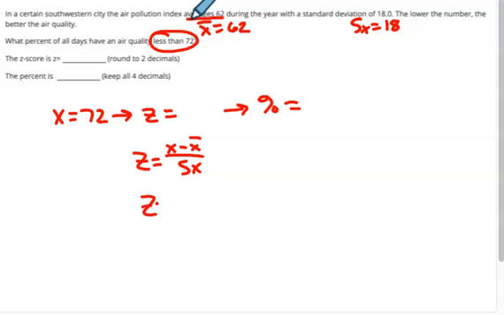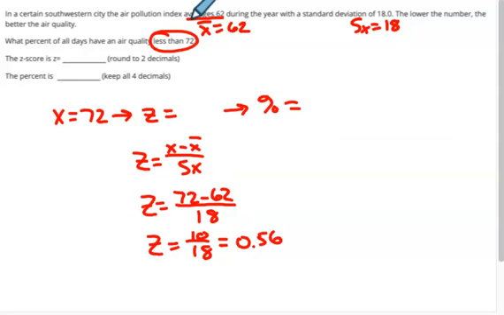So we need to go 72 minus 62 over 18. So this is 10 over 18, and we're going to have to just get that as a decimal, which is going to round to 0.56. So the Z-score is 0.56.